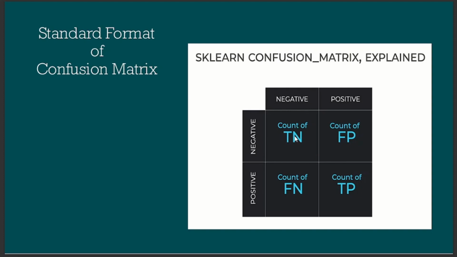But in order to know the count of true negatives and true positives, it's important to know where they are present exactly in this matrix. This is a very standard format of confusion matrix from sklearn. Let me explain what true negatives, false positives and true positives are.